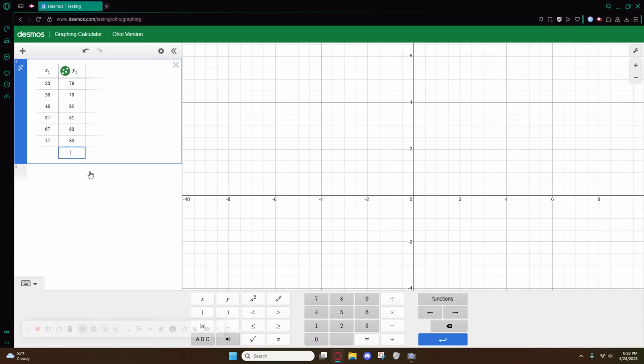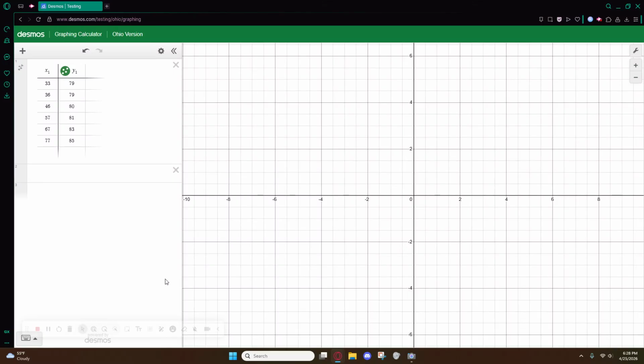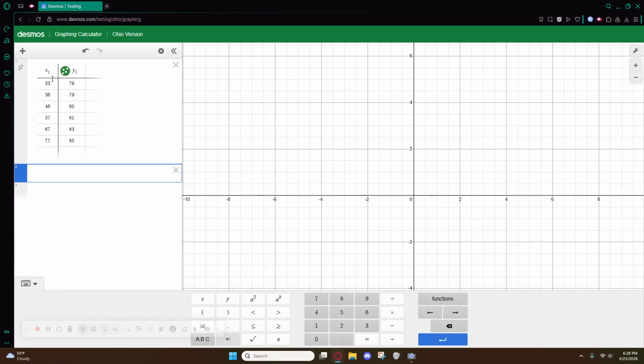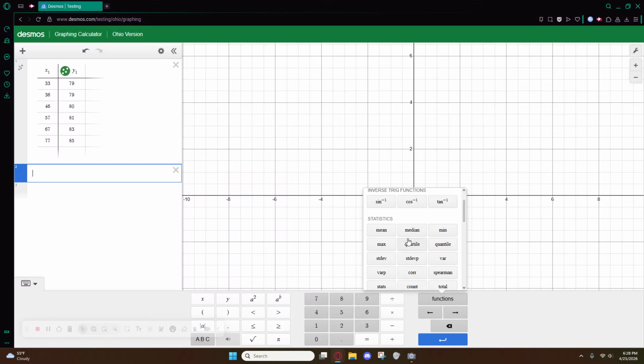The second column for Honolulu goes from 79 to 85, while this first column, which is Chicago, goes from 33 to 77. It is going all over the place.